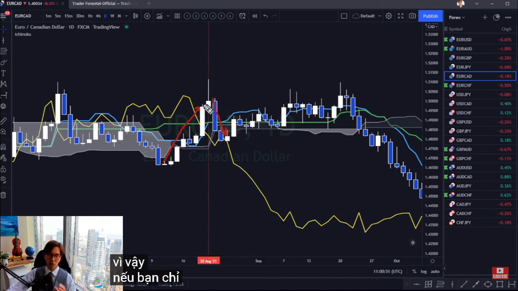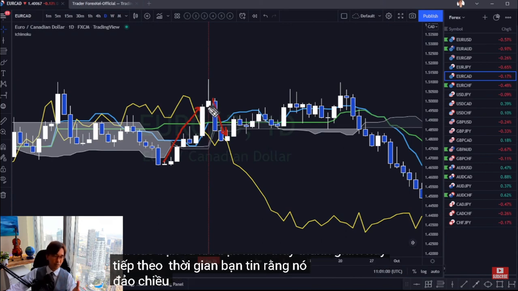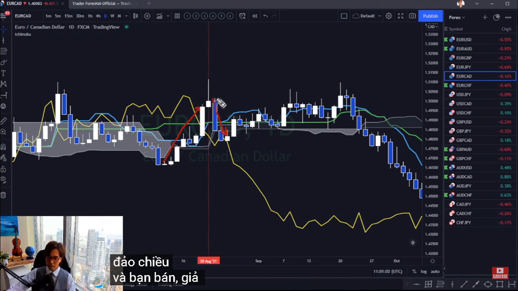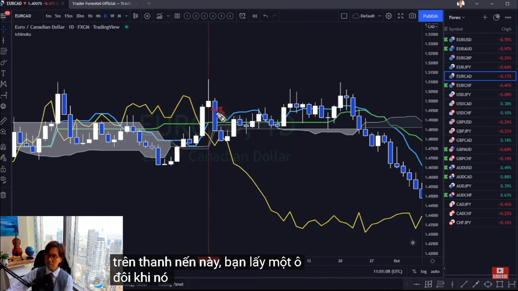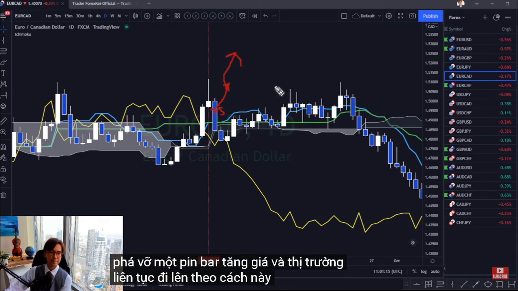So if you only know this knowledge, then when you see this pin bar next time, you believe that it reverses and you sell. Let's say you see a pin bar and on this candlestick you take a sell. Sometimes it just goes backwards and breaks the pin bar bullish, and the market continuously goes up this way.